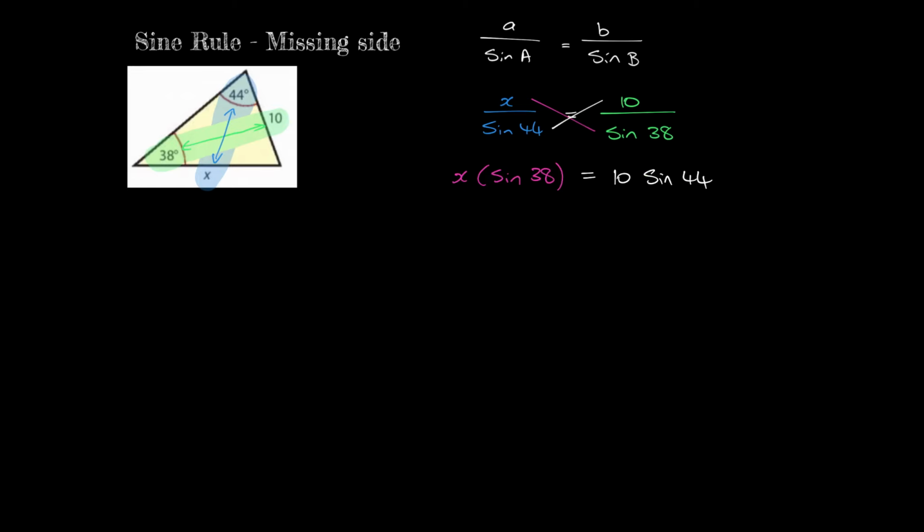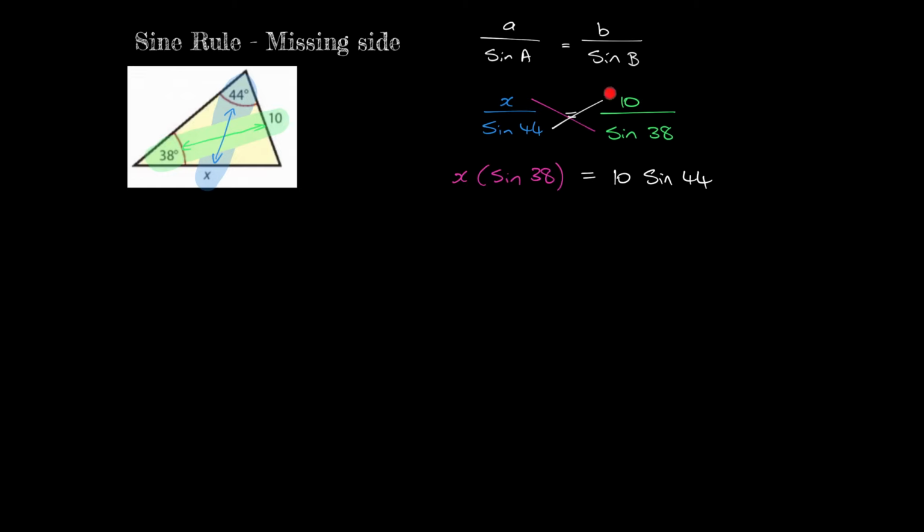Okay. So just to reiterate there, we had a fraction equals a fraction. So if we have a fraction equals a fraction, we need to multiply the numerator by the denominator of the opposite fraction, and multiply the numerator by the denominator of the diagonal fraction, right?